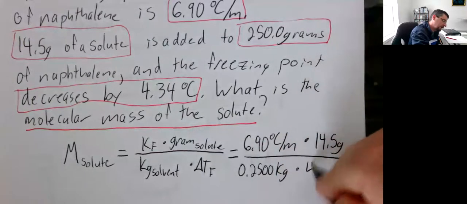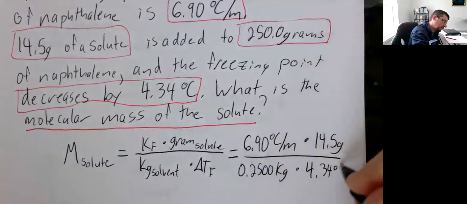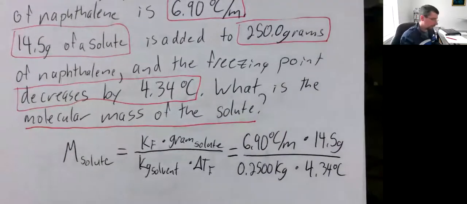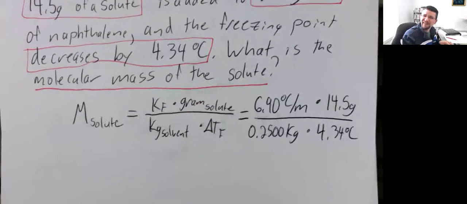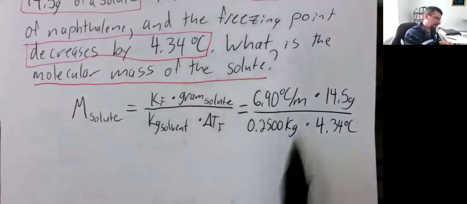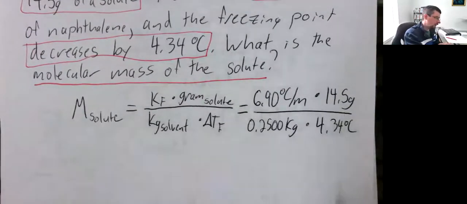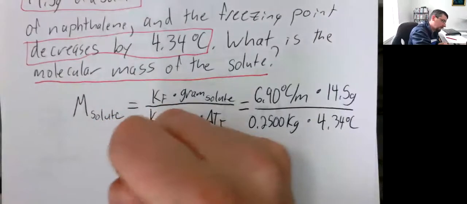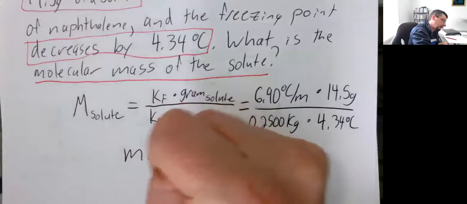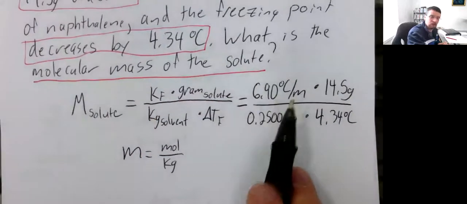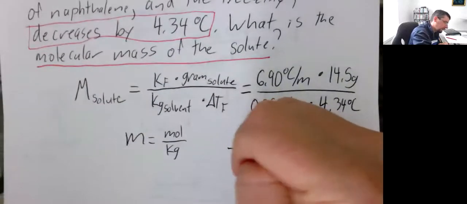And finally, our change in temperature. Looking at these units, you might notice they might not cancel out. We're going to get something weird here. The important thing to remember is molality is reported in moles divided by kilogram. So if we sub that in here, we should be able to solve for our unit.